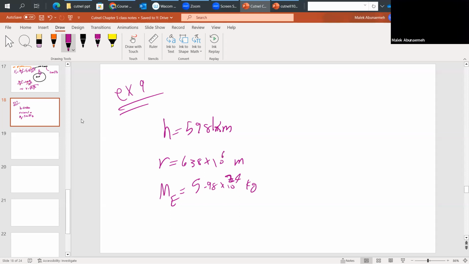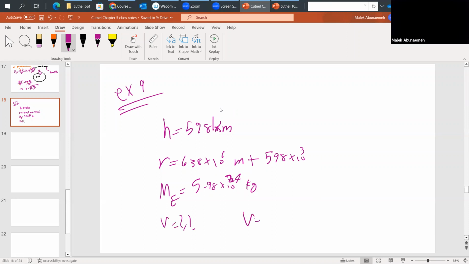Now we're going to add to that your height, which is 598 kilometers. Actually, I'm just going to add them both in the equation itself. So your radius is going to be that much, your mass of the Earth, and you get your height. You're looking for your velocity.